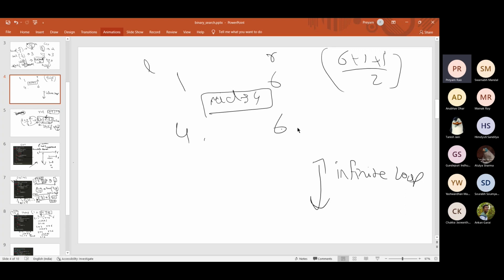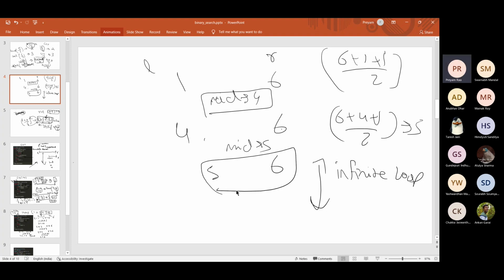Then again, 6 plus 4 plus 1 by 2. This would be 10, 11 by 2, which is 5. Mid becomes equal to 5. Now, previously, we were doing 5 plus 6 by 2, which gave us 5, and it would run into an infinite loop. Now we are doing 5 plus 6 plus 1 by 2, which gives us 6.